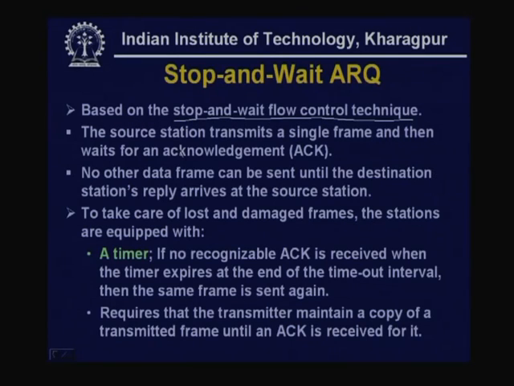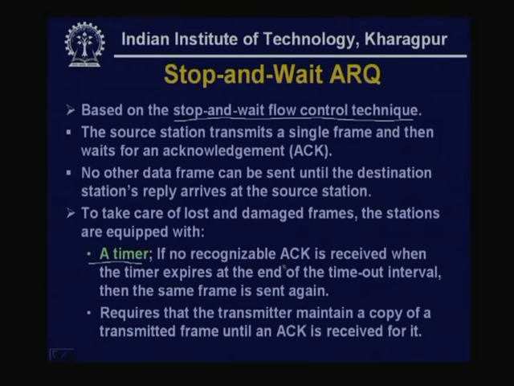The source station transmits a single frame and then waits for an acknowledgement, as we have seen that is done in case of flow control. Then no other data frame can be sent until the destination station's reply arrives at the source station. Now, to take care of lost and damaged frames, the stations are equipped with another device known as a timer.